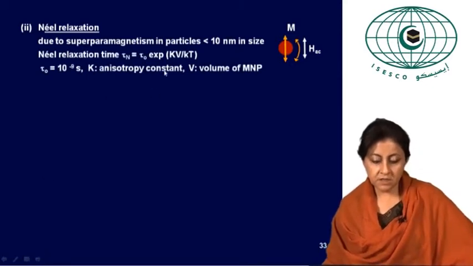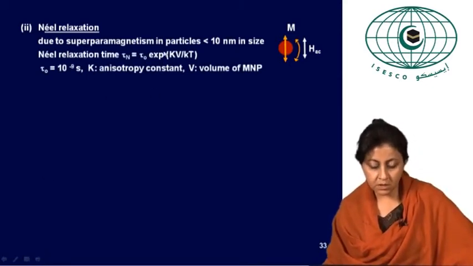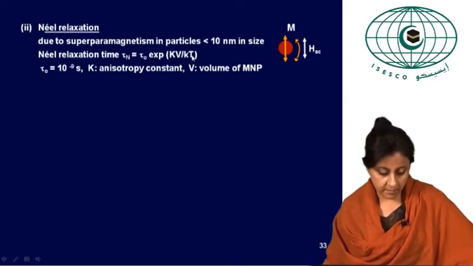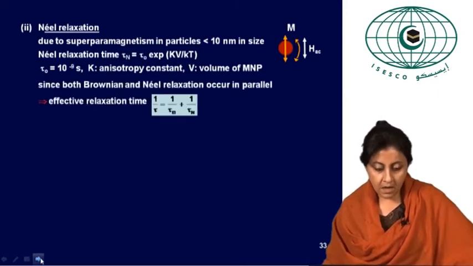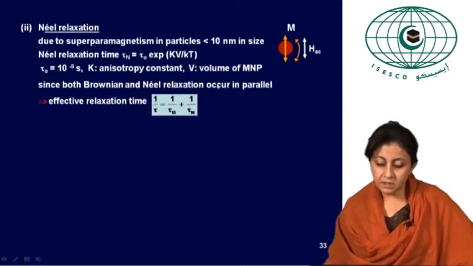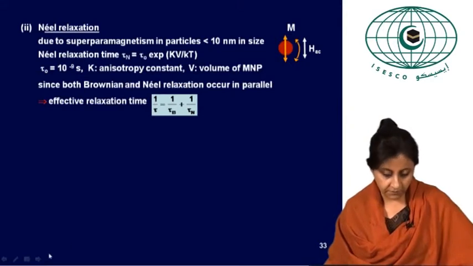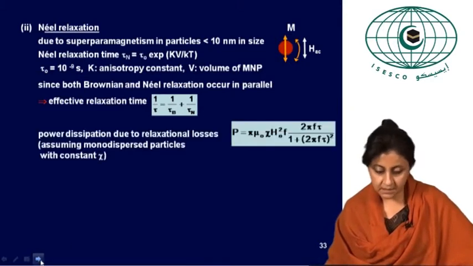The Néel relaxation time is proportional to the exponential function of the anisotropy constant times volume divided by the available thermal energy. Since both Néel and Brownian relaxations occur in parallel, there is an effective relaxation time given by the sum of the reciprocals of both relaxation processes.